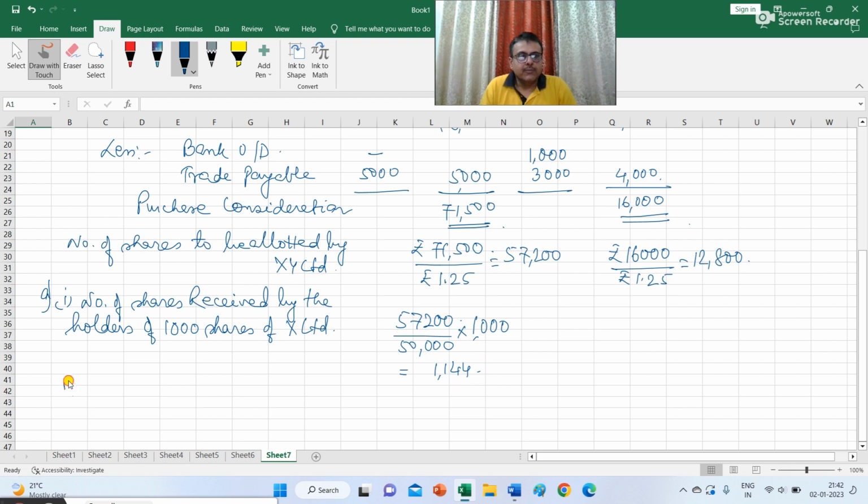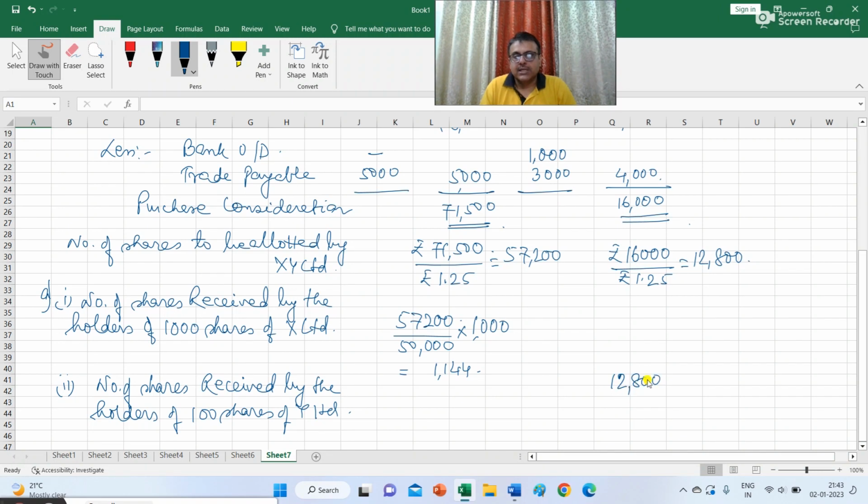And in point number 2, number of shares received by the holders of 100 shares of Y Limited. So 12,800 shares have been issued to 20,000 shares.